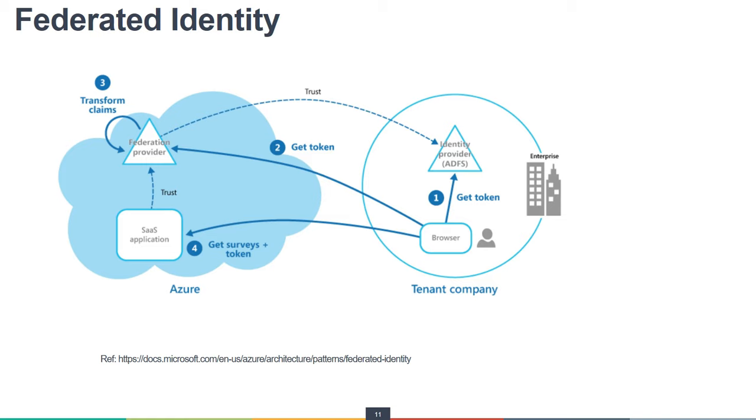Federated identity. This diagram is taken from the Azure Federation, federated identity. So what does federated identity mean? It means the user's identity on one system is linked with their identity on one or more other systems.